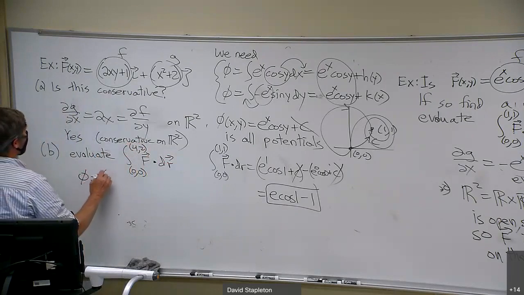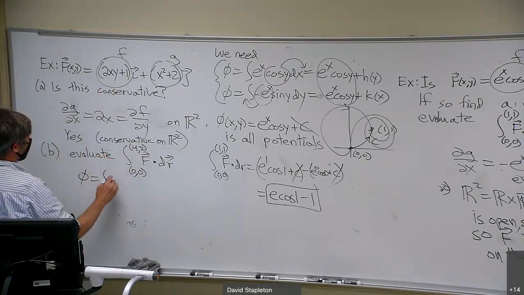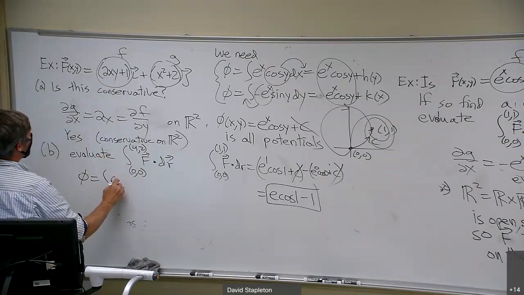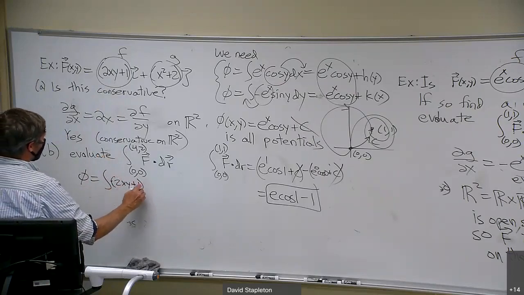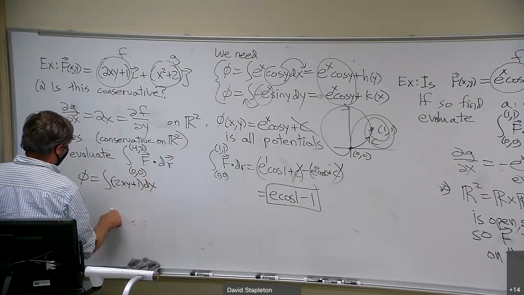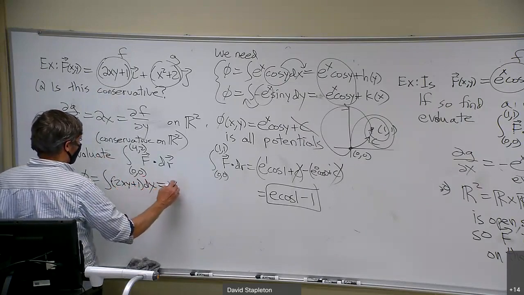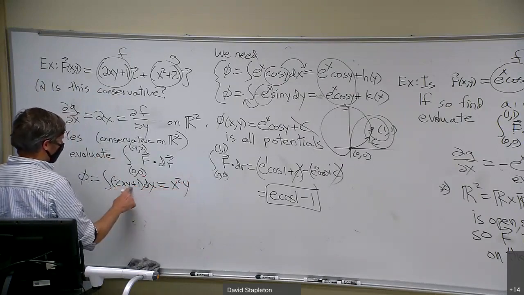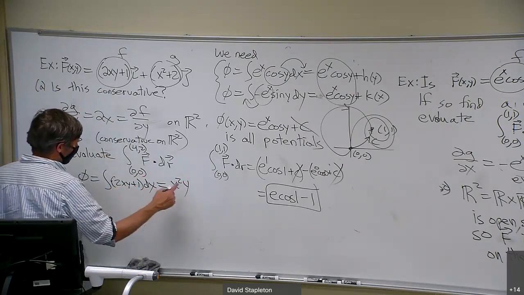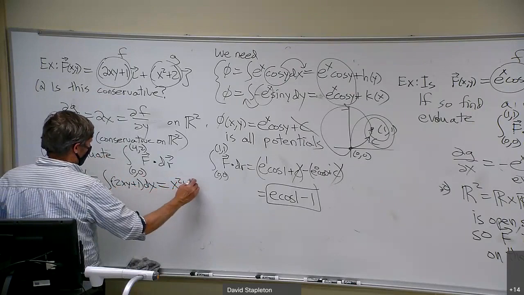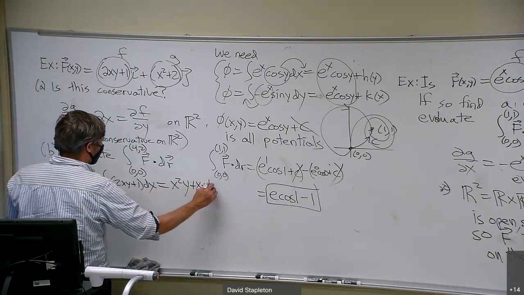Phi is the partial integral of this one with respect to x. So it's the integral of 2xy plus 1 with respect to x. Treating y as a constant, the integral of 2xy is x squared y, and the integral of 1 is just x. And then there's an arbitrary function of y.